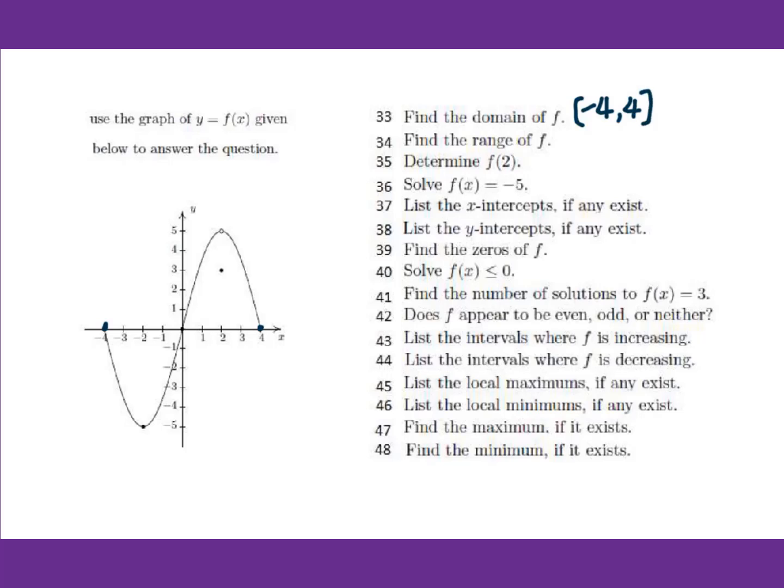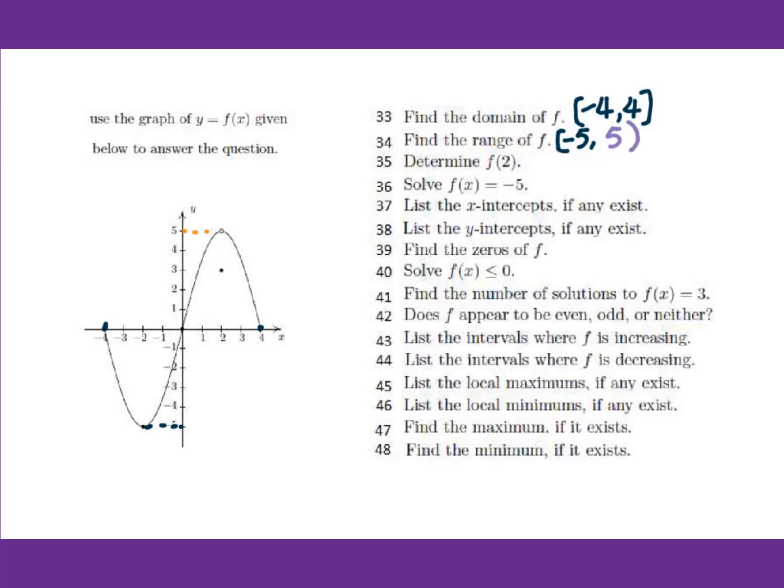We need the very top point and very bottom point. We got the very bottom point, that's -5. The very top point, that's 5, but that's an open circle, which means this value is excluded. Therefore, we got 5 with an open parenthesis.